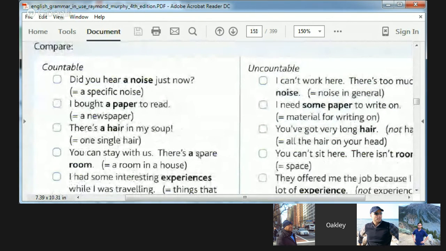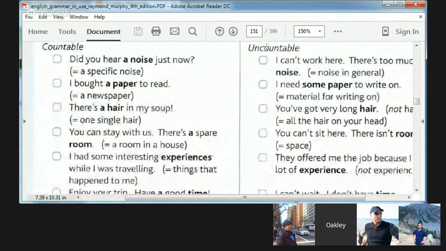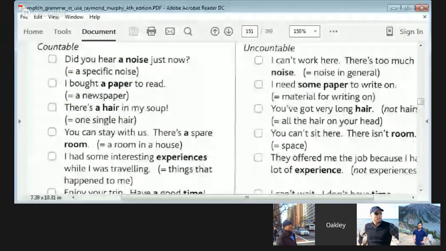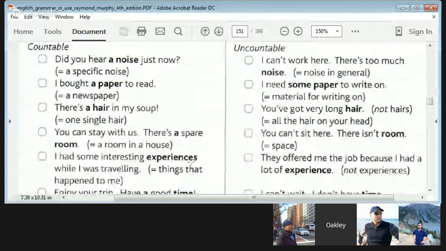Okay. We've already been talking about it, but we're gonna talk about it more. Cases where, a little bit confusing, nouns can be countable or uncountable. It happens quite a bit. So, for example, did you hear a noise just now?